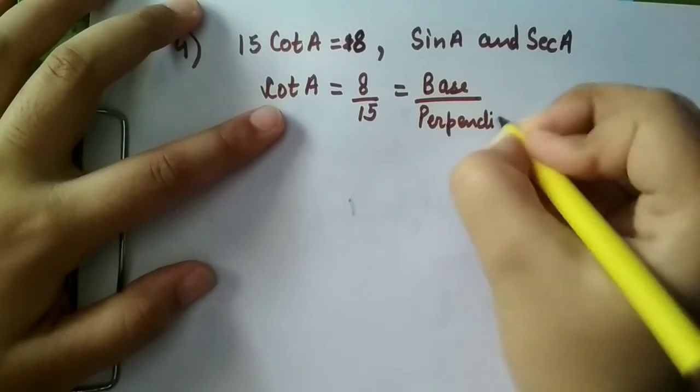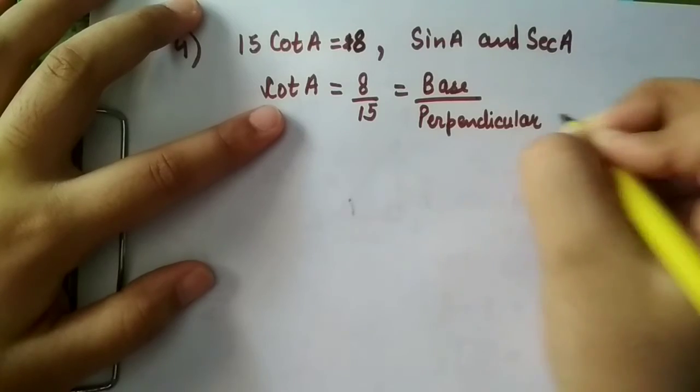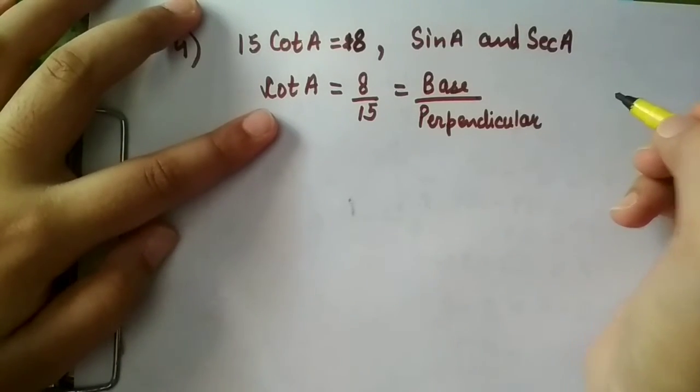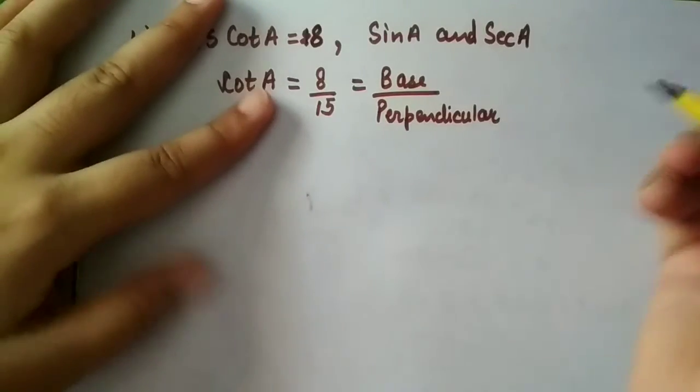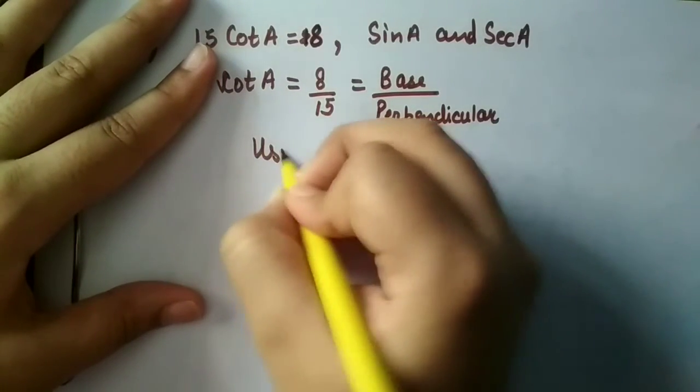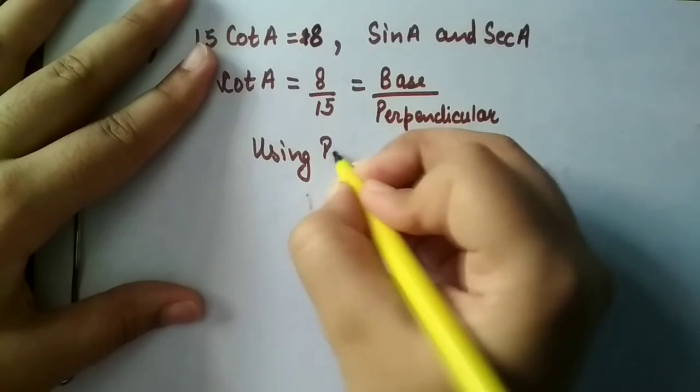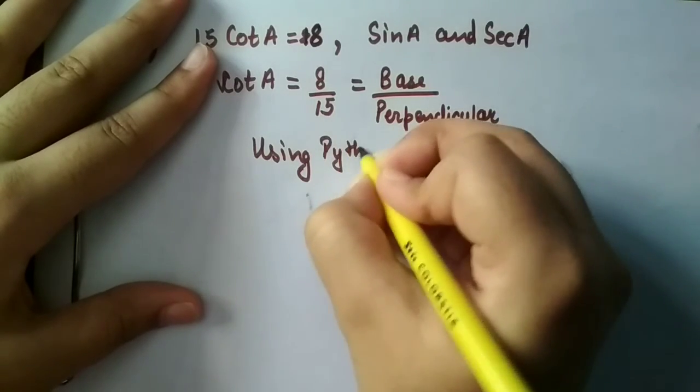Now you know the length of the base, you know the length of the perpendicular, but you don't know the length of the hypotenuse. So first of all, using Pythagoras theorem, let us find out the length of hypotenuse.